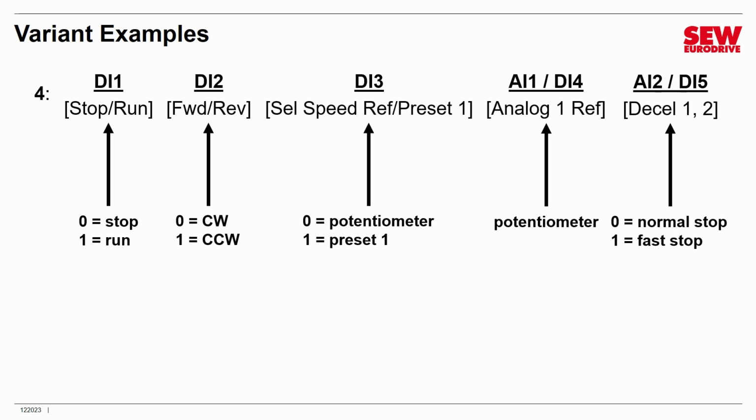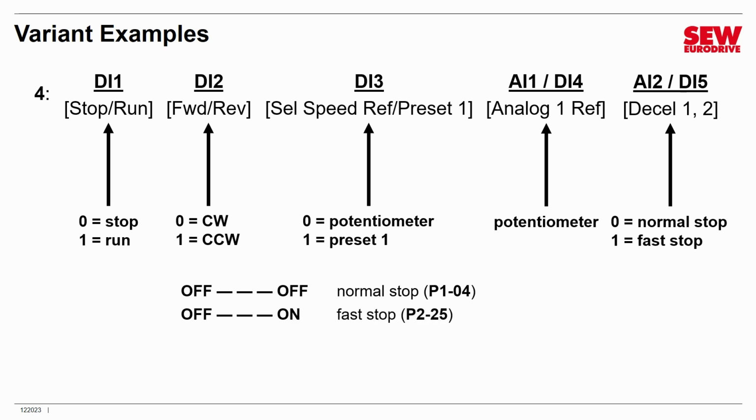Let's look at a few examples here. If digital input 1 is off and digital input 5 is off, doesn't matter what the others are set to, you will get a normal stop. This picks a stop with the standard ramp parameter 1-04. On the other hand, if digital input 1 is off but digital input 5 is on, the VFD will stop using the fast stop. That's the ramp stored in parameter 2-25.